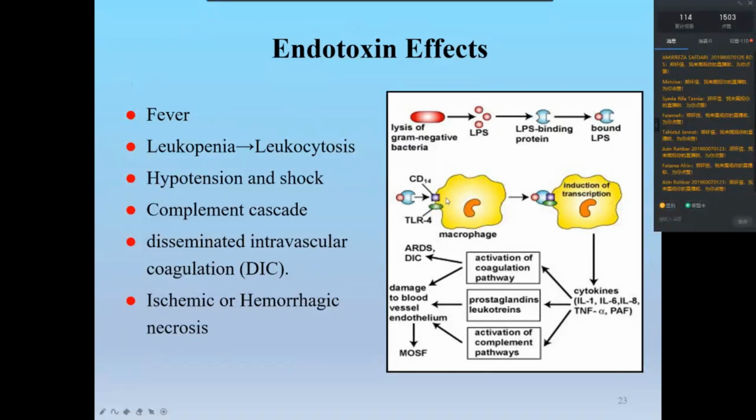And once recognized, it can stimulate the host cell, usually a macrophage, to express cytokines. These cytokines include IL-1, IL-6, IL-8, TNF-alpha. Those cytokines are pro-inflammatory cytokines, which can promote inflammation.